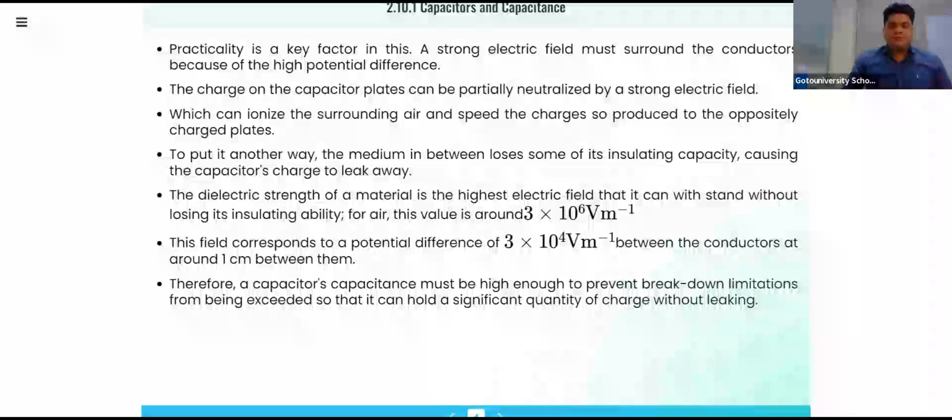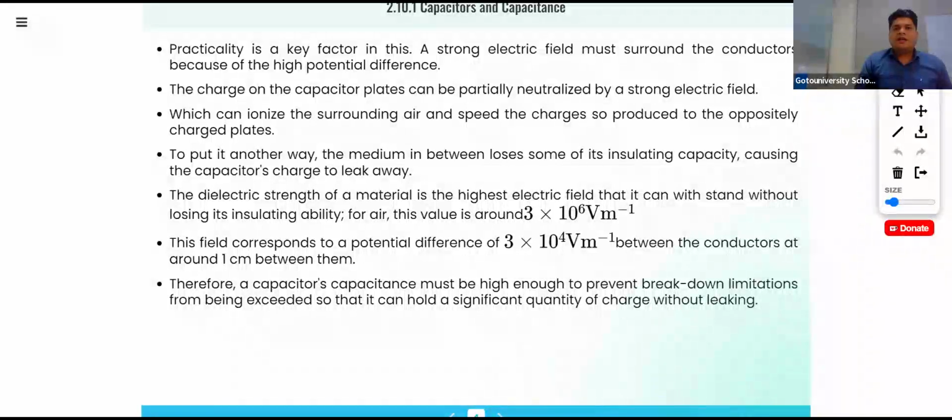Next is practically, a strong electric field must surround the conductors because of the high potential difference.